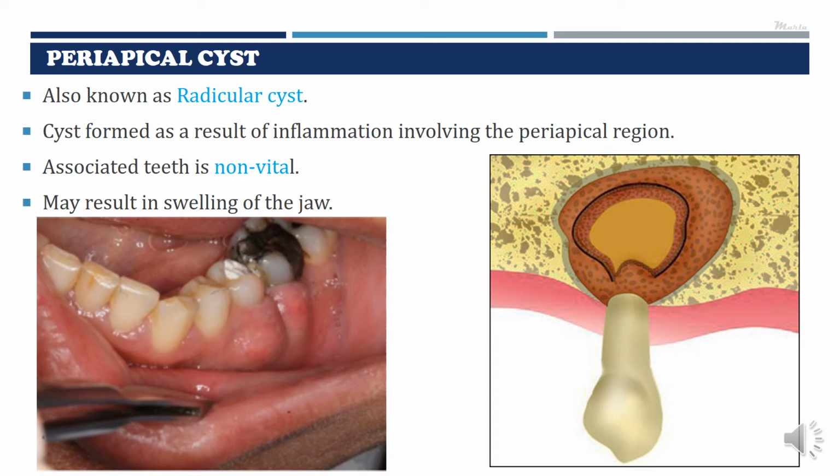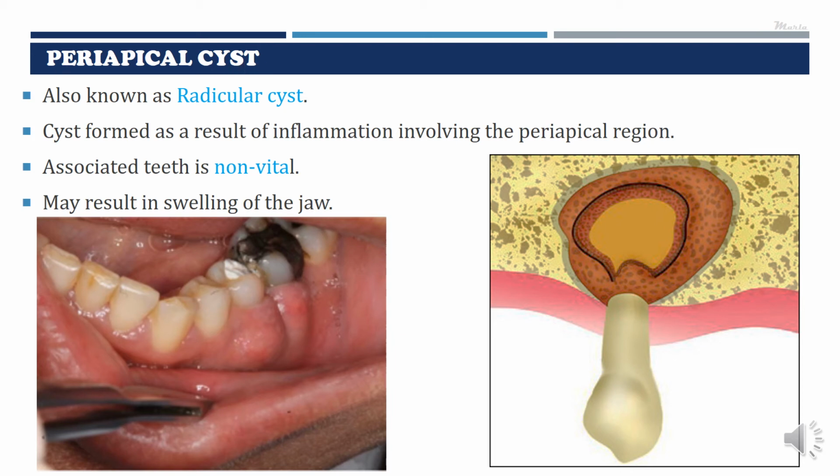In some cases, the periapical granuloma, if untreated, can undergo enlargement and result in cystification, or the presence of chronic inflammation in the periapical area can directly result in a formation of a cyst, which is referred to as the periapical cyst.